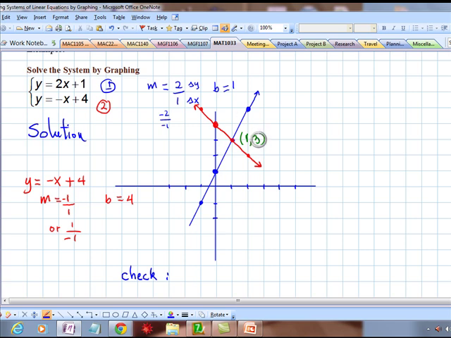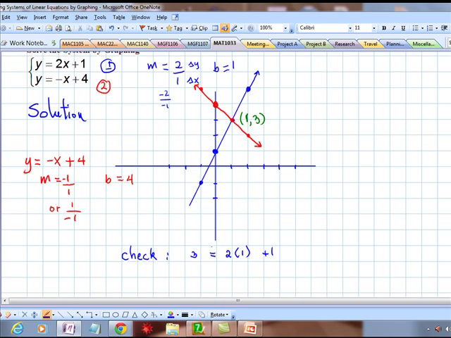We claim that y is 3, so 3 equals 2 times x, which is 1, plus 1. With a question mark there, I have 3 equal to 2 times 1, which is 2, plus 1. You have 3 over here and 3 over there. 3 equals 3, so it's a true statement.